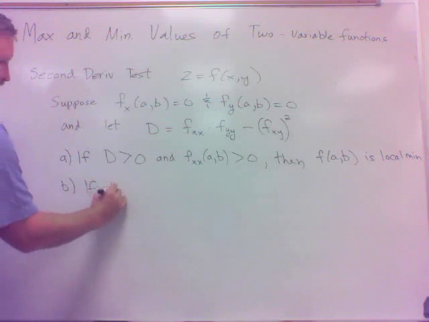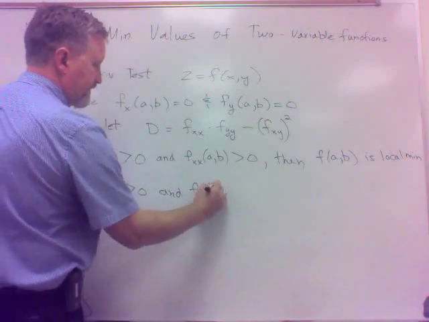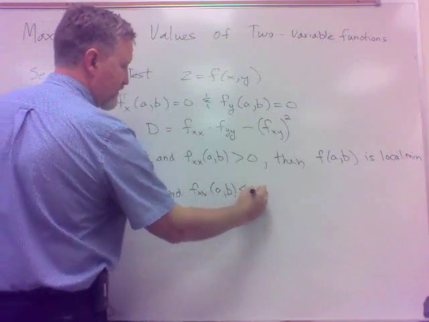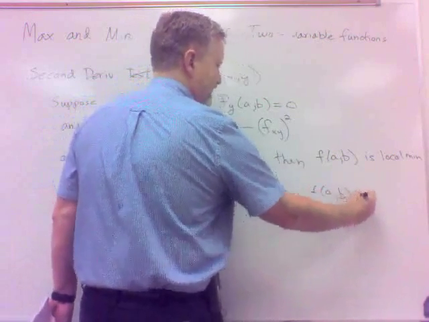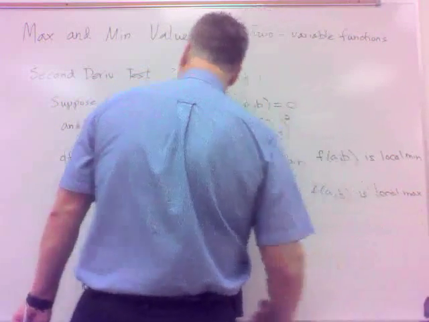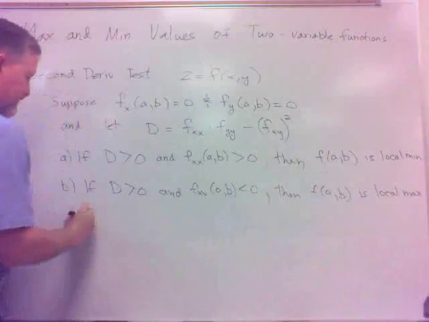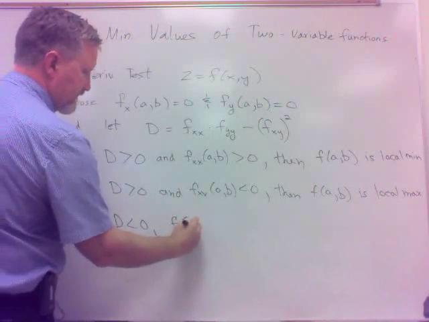If D is greater than 0 and fxx at (a, b) is less than 0, then f(a, b) is a local max. And then the third one, if D is less than 0, f(a, b) is a saddle point.